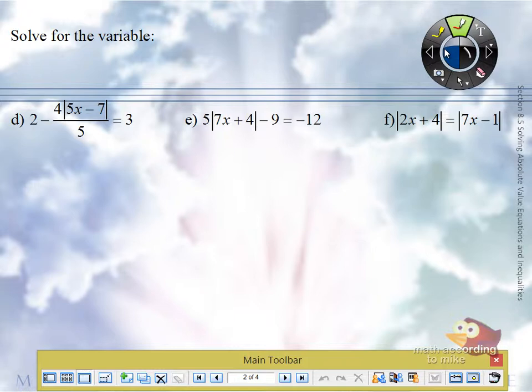What we're going to do is we're going to subtract the 2. Then we can multiply by 5.